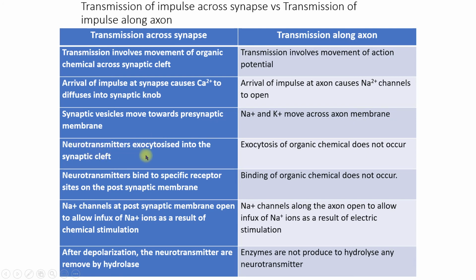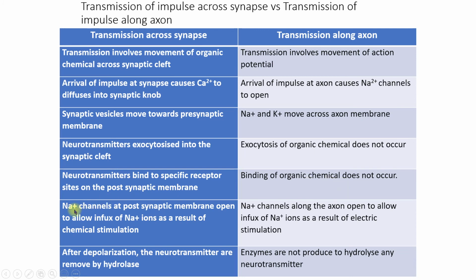Neurotransmitters are exocytosed into the synaptic cleft, while in the transmission along the axon, exocytosis of organic chemical does not occur. Remember, only sodium and potassium ions move in and out. Now in transmission across the synapse, neurotransmitters bind to specific receptor sites on the postsynaptic membrane, which is the ligand-gated ion channel. While in transmission along the axon, binding of organic chemical does not occur.